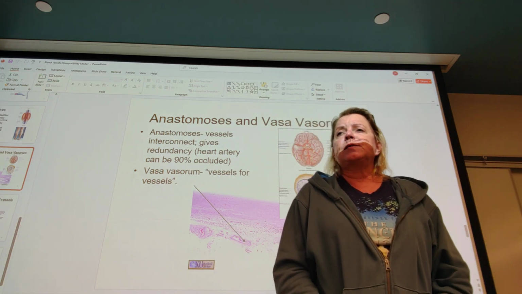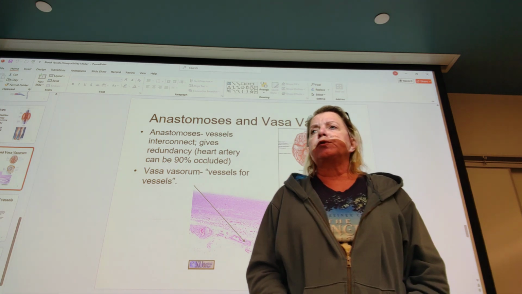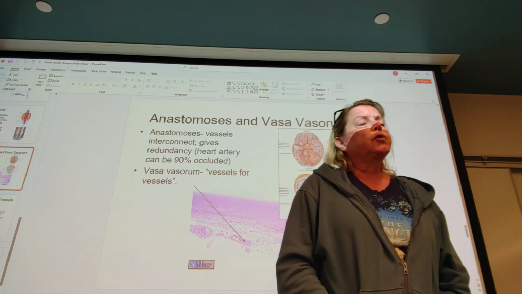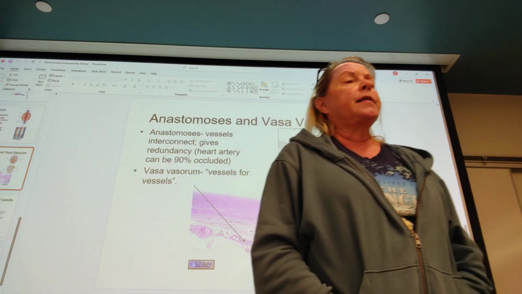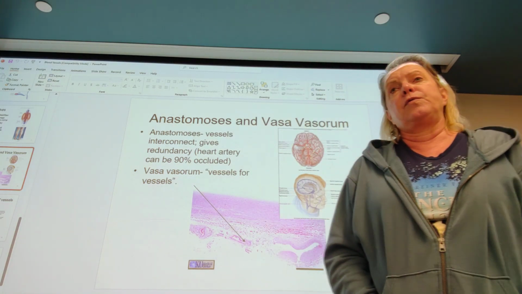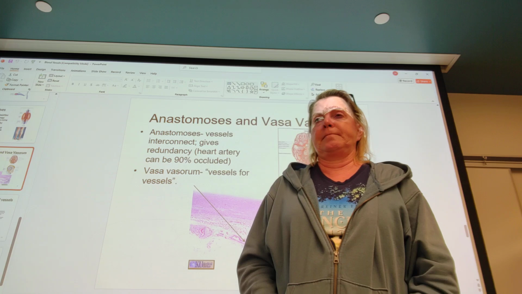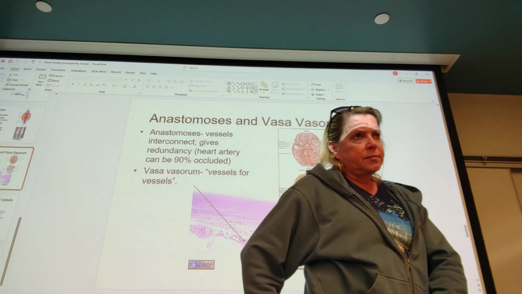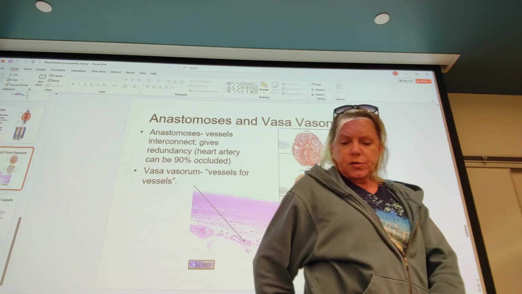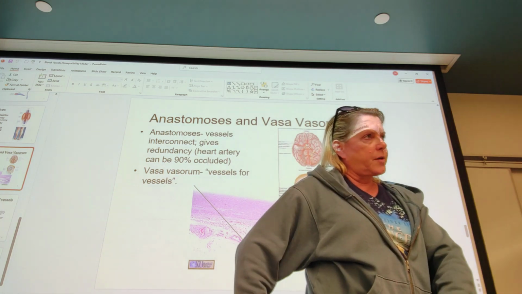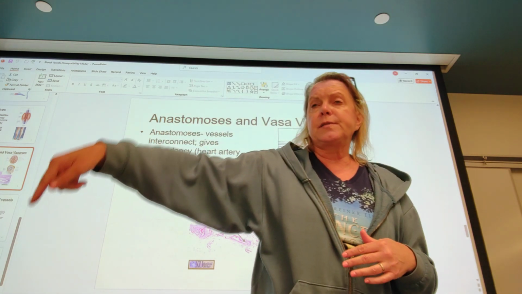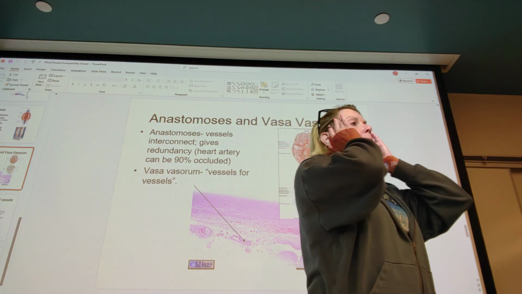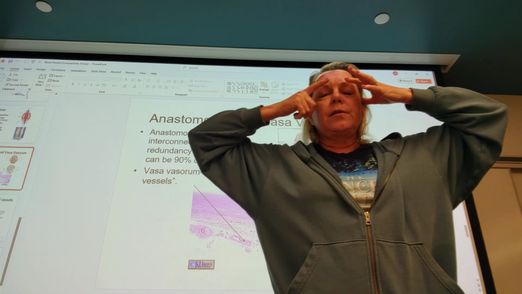You have anastomoses to serve structures that are so important that if there was an occlusion in the blood supply, that would not be for your well-being. You have an anastomosis around your femur, two arteries that connect with each other to give an alternative route. You have anastomoses that lead up into your brain, underneath your brain.